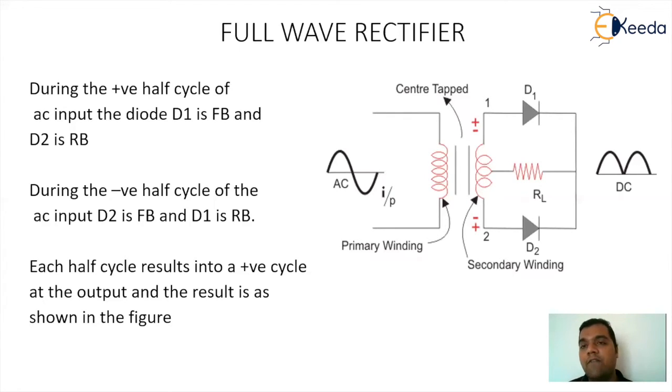So whatever the value of peak we get here, that peak is not the same as the peak of your AC input signal. But what we have achieved here, when you compare with the half wave rectifier, is that we are able to retain the negative cycle also in the form of a positive cycle. So the overall effect of one complete cycle gives you two half cycles which are positive.